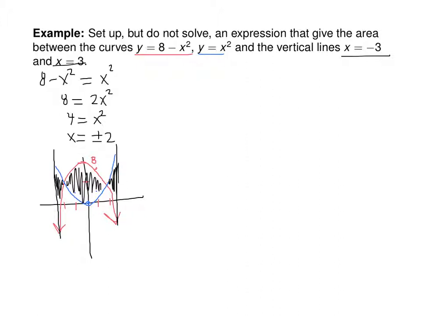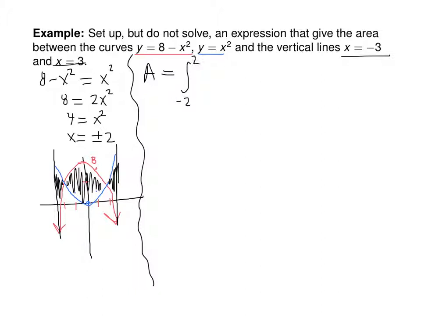Okay. Now here it's going to help a lot with the arithmetic to use some symmetry. So for the middle portion, to find the area between negative 2 and 2, let's just set it up like this and we'll talk about how we can use evenness.